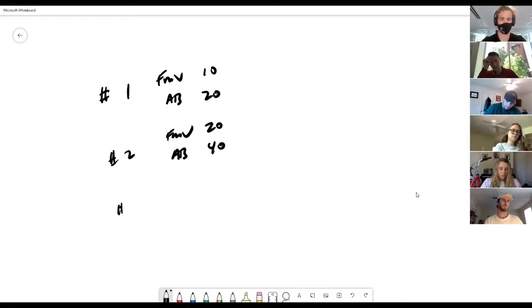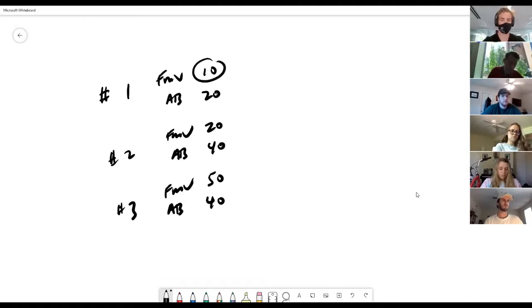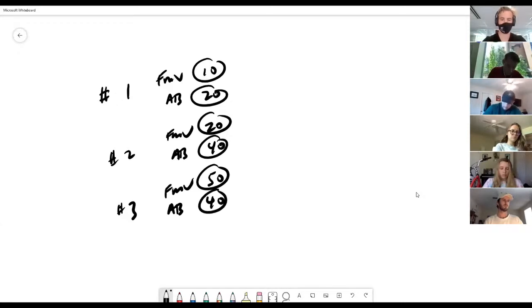And then property number three has a fair market value of 50 and a basis of 40. So 362(e)(2) applies because we have 80 of fair market value and 100 of basis. So we have to cram down by 20.